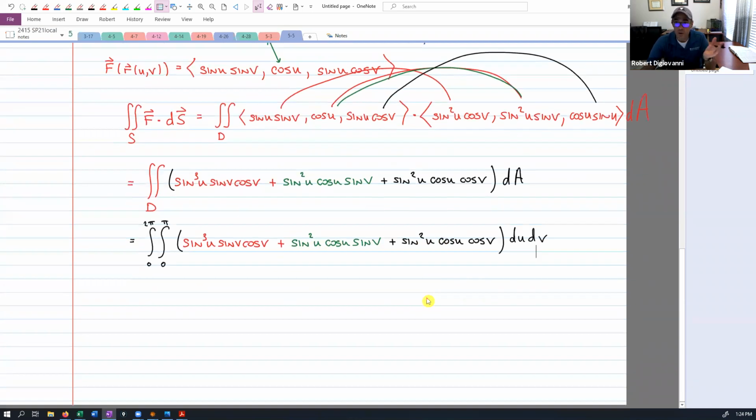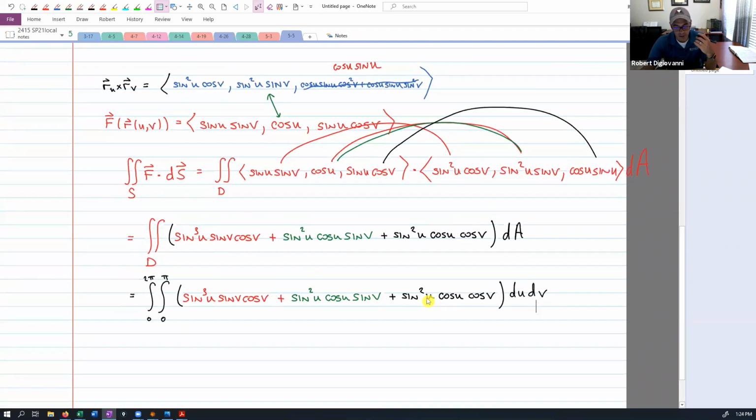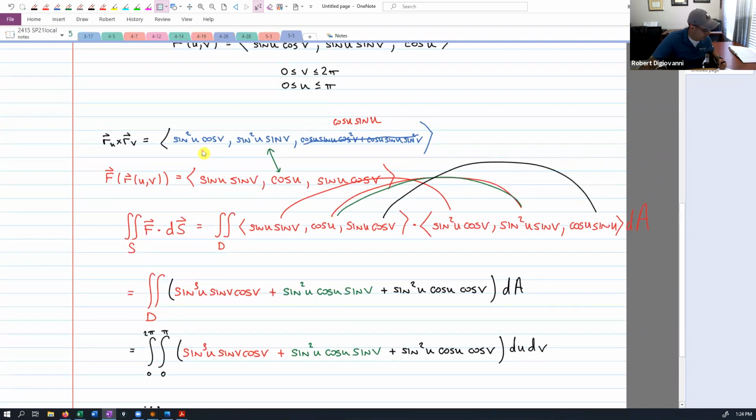I'm not going to work through it because of time. I'm just going to leave this as dot, dot, dot. But maybe if I have time at the end, I'll come back and throw it into Wolfram Alpha or something and get an answer. I had already done that, but again, something is up with my work. My cross product is right.